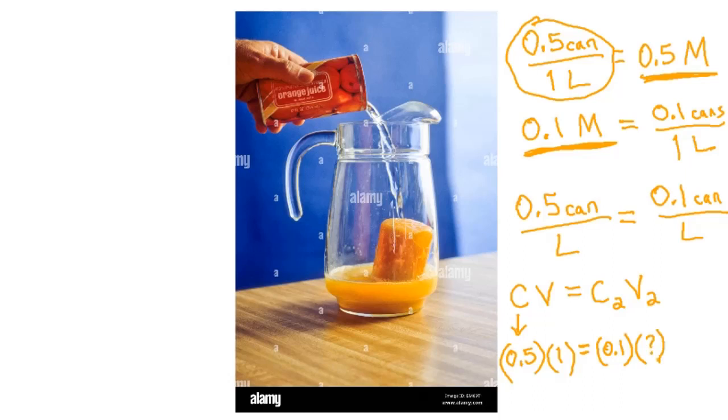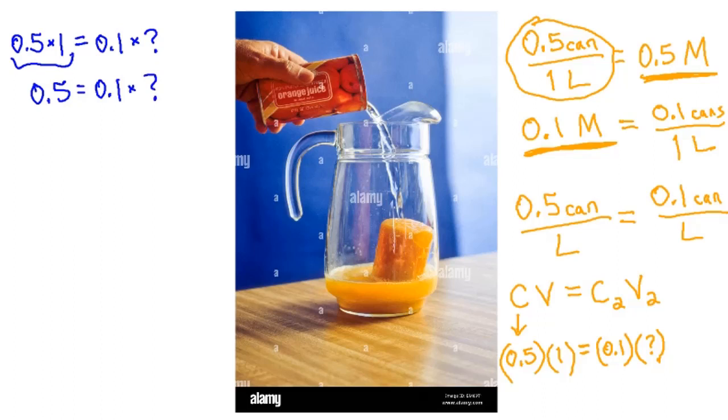So if we take 0.5 times 1 to equal 0.1 times question mark, first we can do this math. 0.5 times 1 is 0.5, and then we still have 0.1 times question mark.